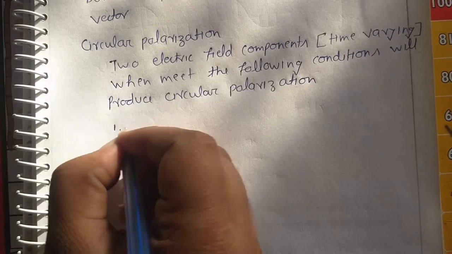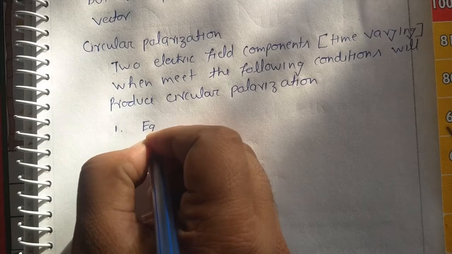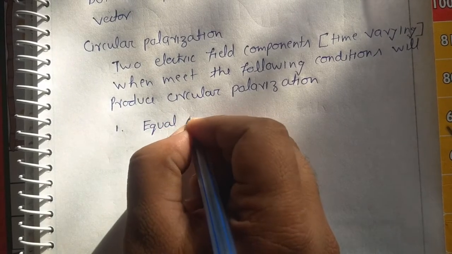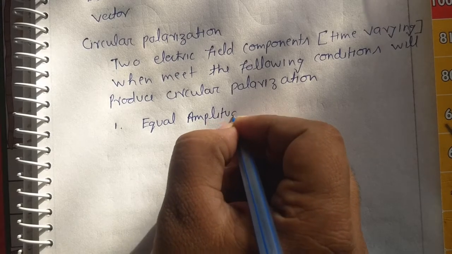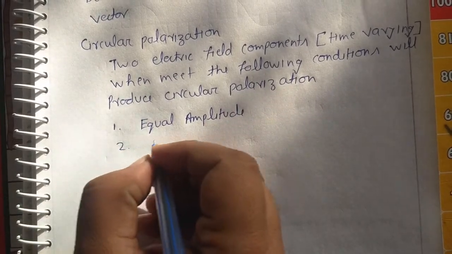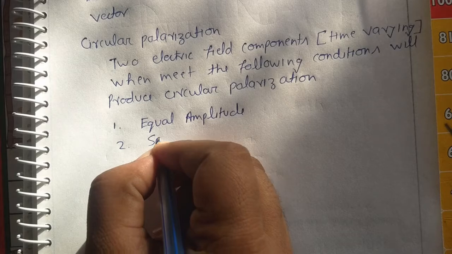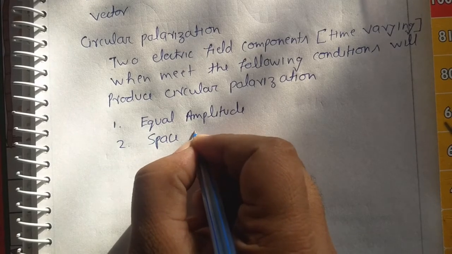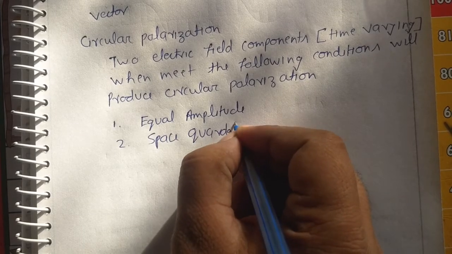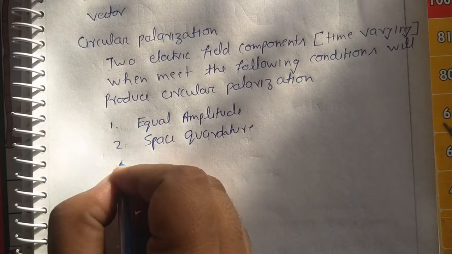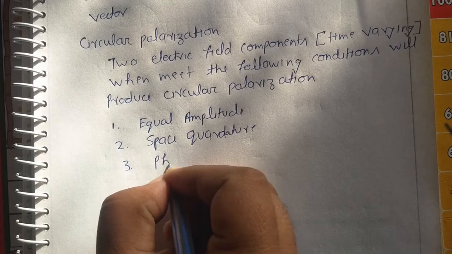Number 1, equal amplitude. Number 2, space quadrature. Number 3, phase quadrature.